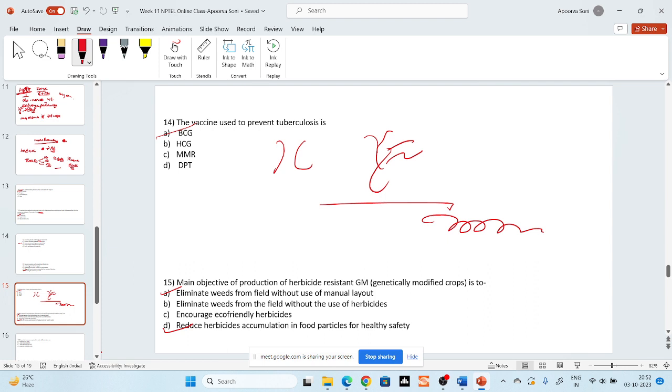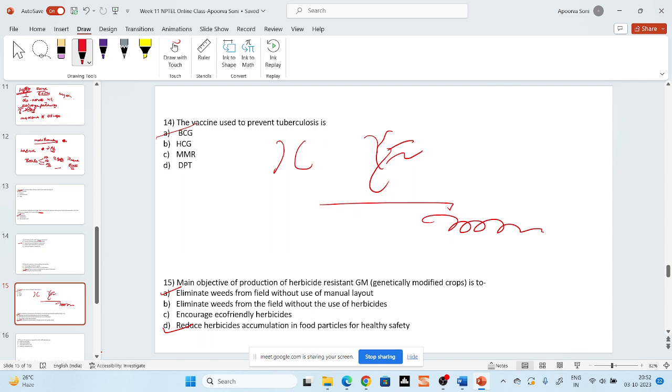Could you understand what I'm trying to say? Just spraying something doesn't mean that it will be taken up by the plant. It will be taken up when the plant is able to metabolize that product, or when that product is able to cause some deteriorating effect in the plant.